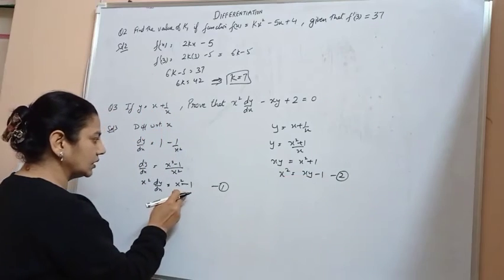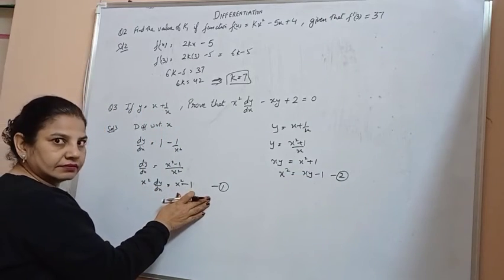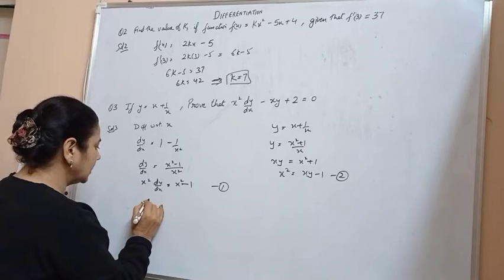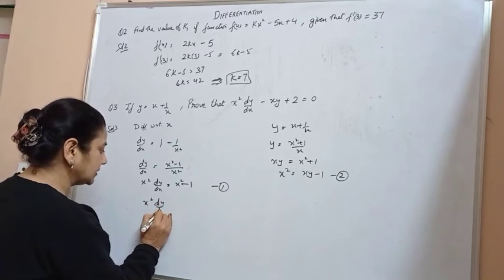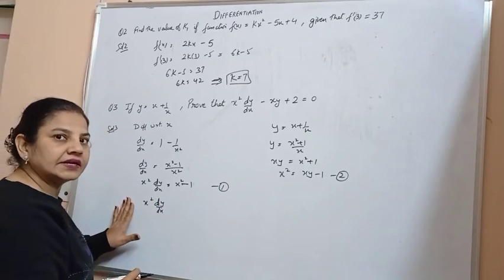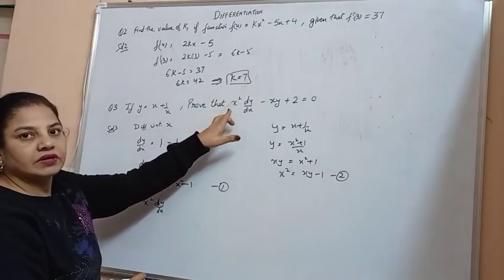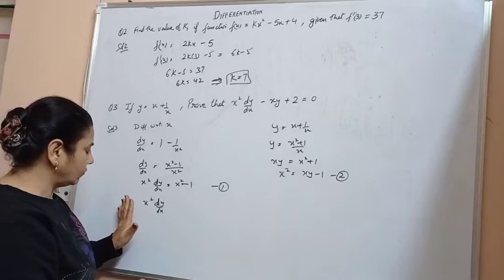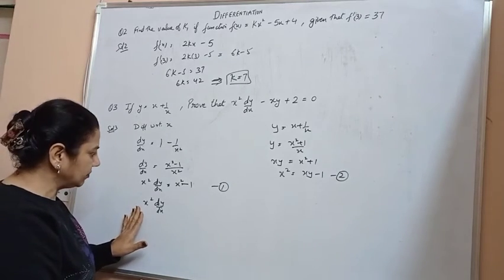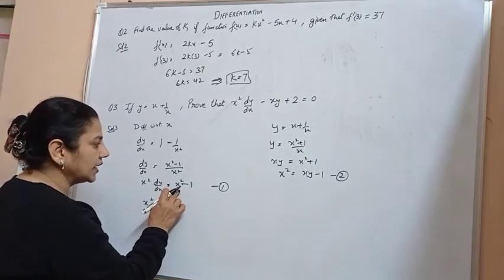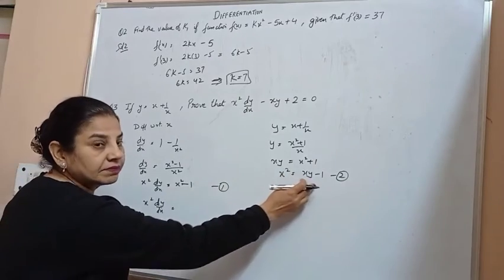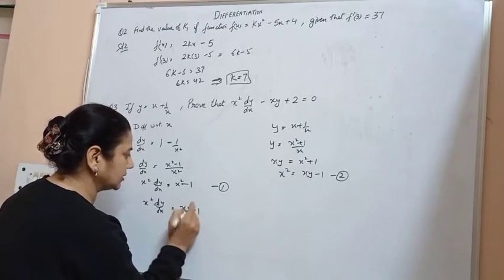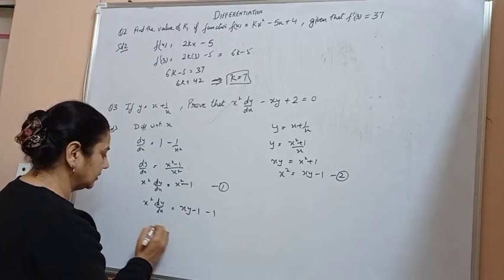Put the value of x square in this equation on the right hand side only. So we get x square dy by dx. On the left hand side x square stays as it is, because we require x square in the result, so I won't disturb x square from dy by dx. And on the right side I replace x square with xy minus 1. So I get xy minus 1 and minus 1 is already there.